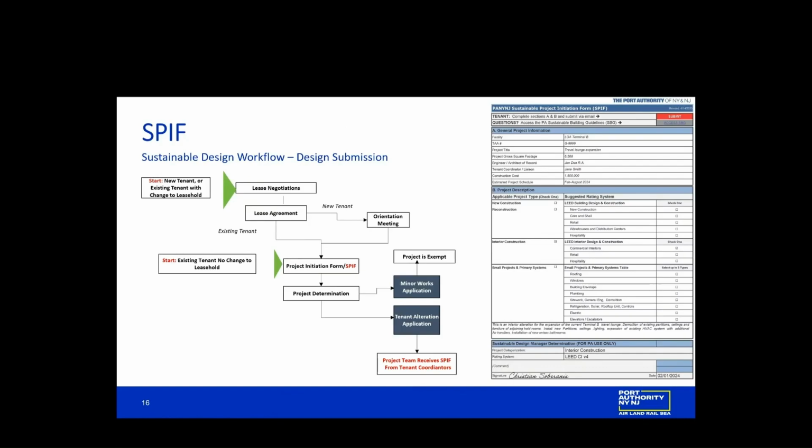If the determination is made that this is a minor works application, then the project would be exempt from sustainable building guidelines. If it is determined that it is a tenant alteration application, then the project team will receive a SPIF from the tenant coordinators. On the right-hand side is a quick view of what a SPIF form looks like completed, but we'll move forward to see the individual sections.